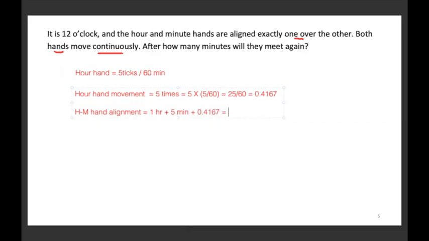So it comes to about 60 plus 5 plus 0.4167, which comes to 65.4167 minutes. So the answer is 65.4167. Okay. Move to the next one.